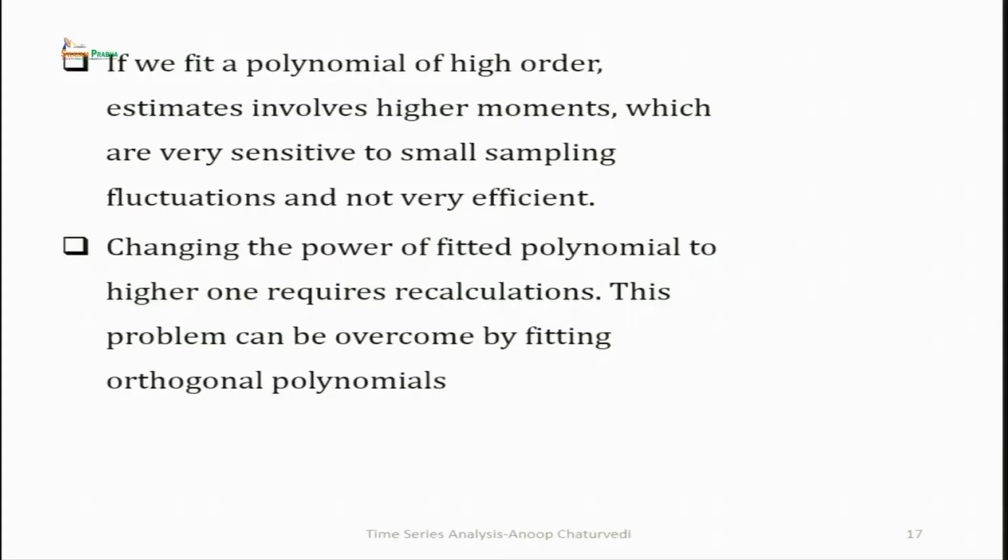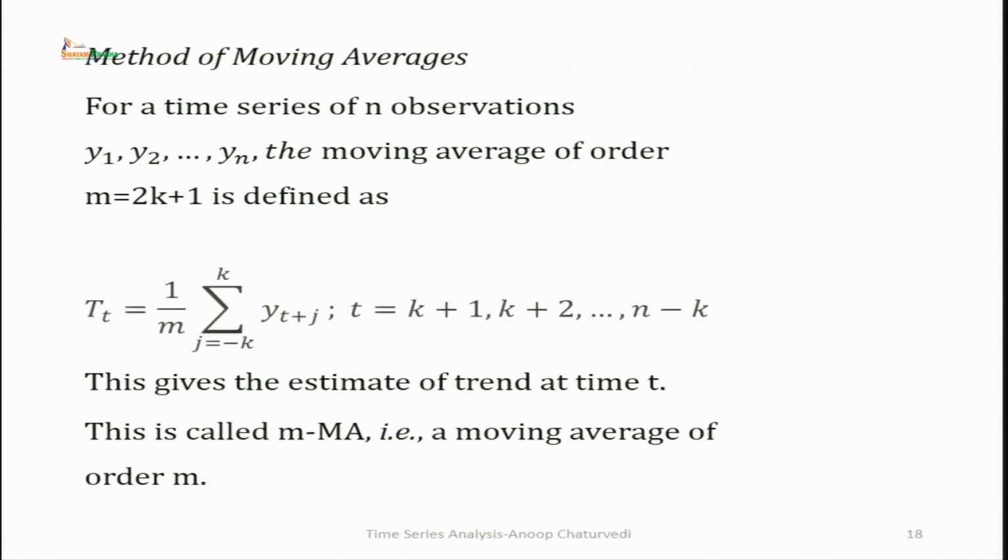Then changing the power of the fitted polynomial to a higher one requires recalculations, but you can overcome this problem by fitting an orthogonal polynomial. The next method is the method of moving averages. Now, suppose a time series has n observations y 1, y 2, y n.